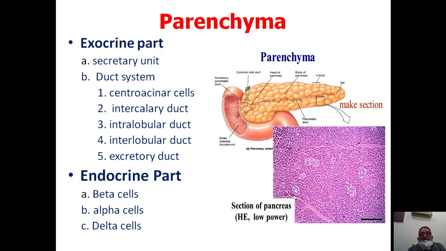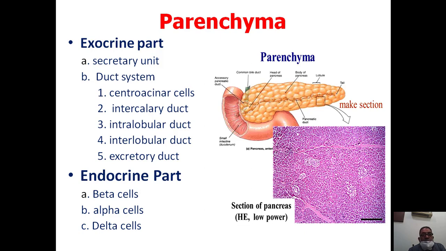What is the parenchyma? The parenchyma consists of the exocrine part and the endocrine part. Parenchyma means the part which is the secretory part. The secretory part, both exocrine and endocrine, consists of secretory units and the duct system. Secretory units are also called pancreatic acini.